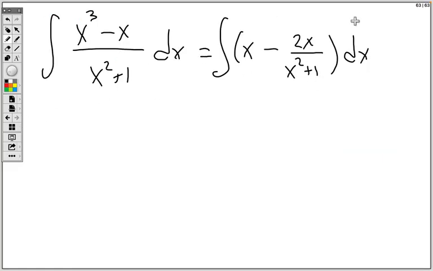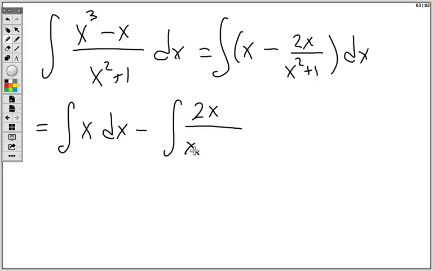And using properties of integration, that's the integral of x dx minus the integral of 2x over x squared plus 1 dx.